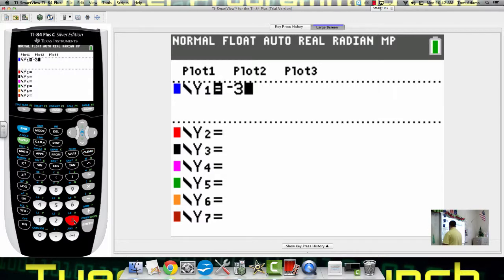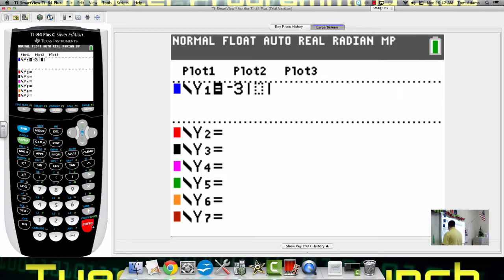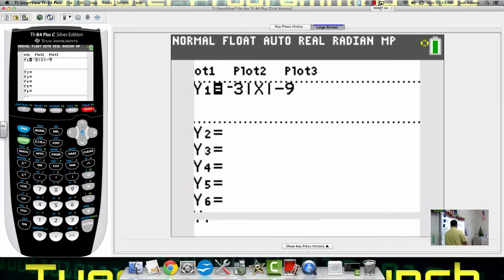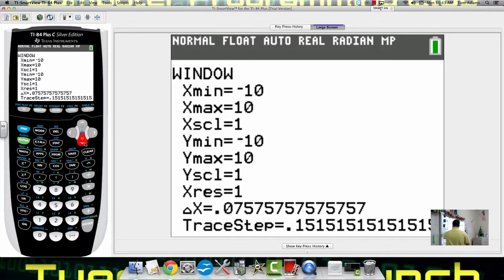Let's do that again. Negative 3 absolute value of x, come outside, minus 9, right? Let's graph it. Now, I'm going to have to adjust the window because it's going to be way down here. See it? So let me adjust that window real quick. We'll take that to negative 15.